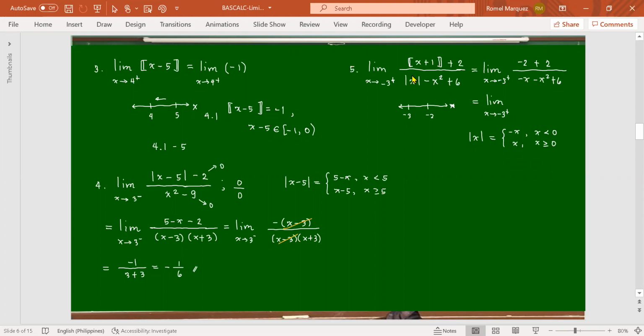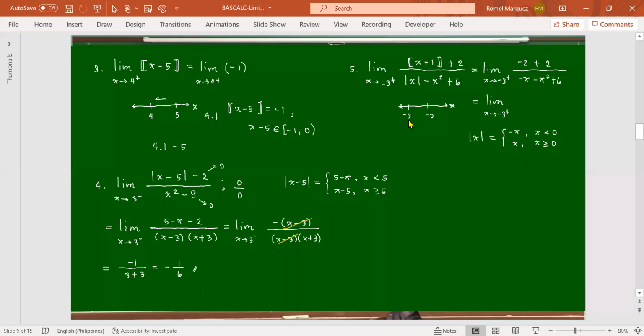What is the absolute value of x when we remove it, is it negative or positive x? Negative po. Negative, right? Yes, Sophia?